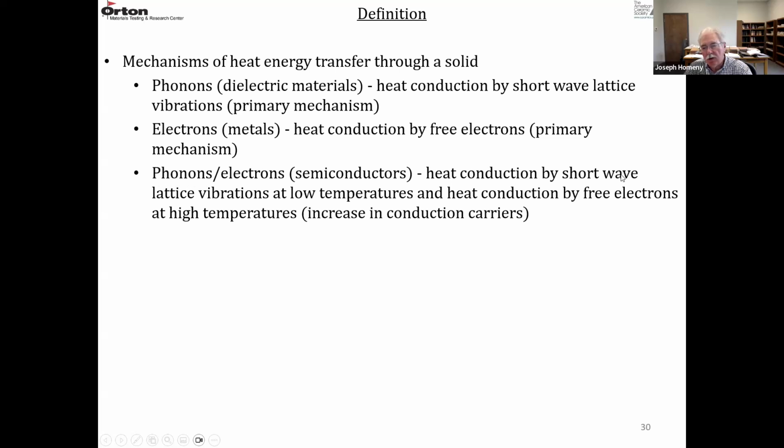So heat conduction by shortwave lattice vibrations, the phonons, at low temperatures in a semiconductor, and then as you heat the material, you generate free electrons in the semiconductor. So at higher temperatures, you increase the electrons, the conduction carriers, and you have heat flow by electrons.